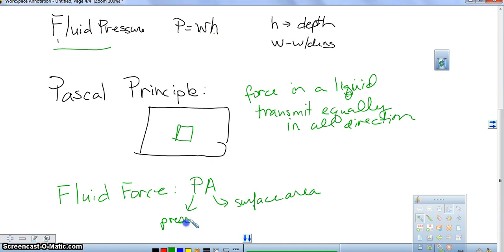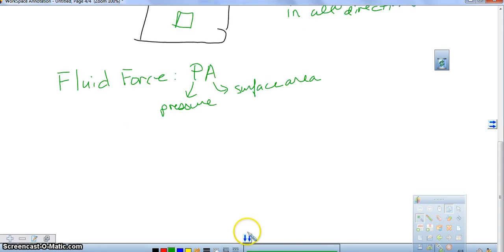So this is kind of the basis of our integration when we start integrating here in a little bit. Pressure times the surface area, which both of those could be functions that are changing. Usually the surface area is the function that's changing as you move in the depth of the water.